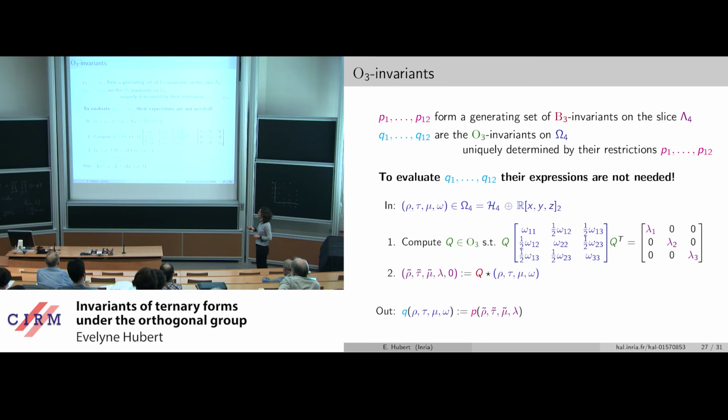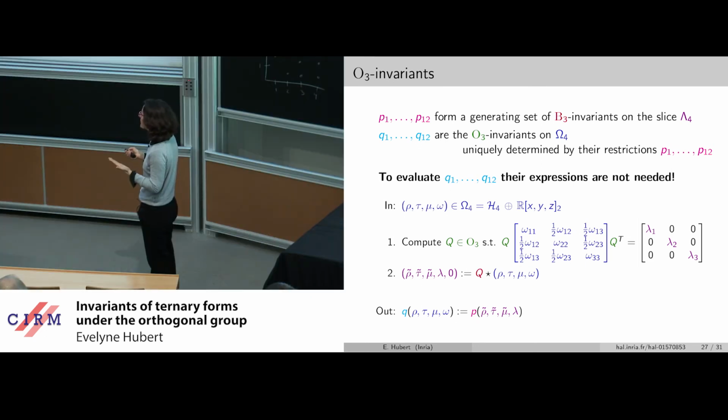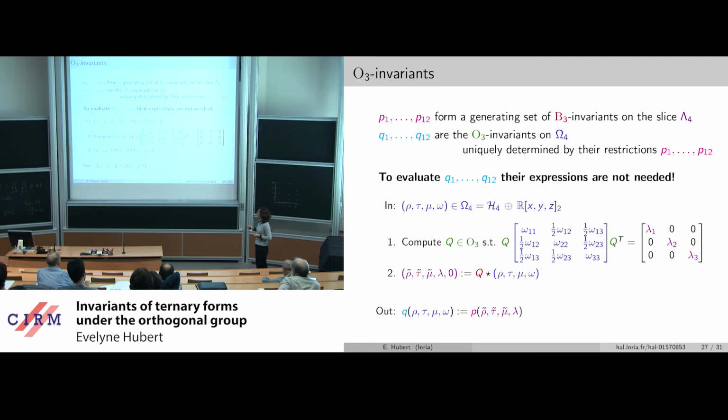Then the value of your invariant on the original degree 4 polynomial is given by the value of the B3 invariant on this rotated data. And because P is this B3 invariant, it's independent of which Q you have.